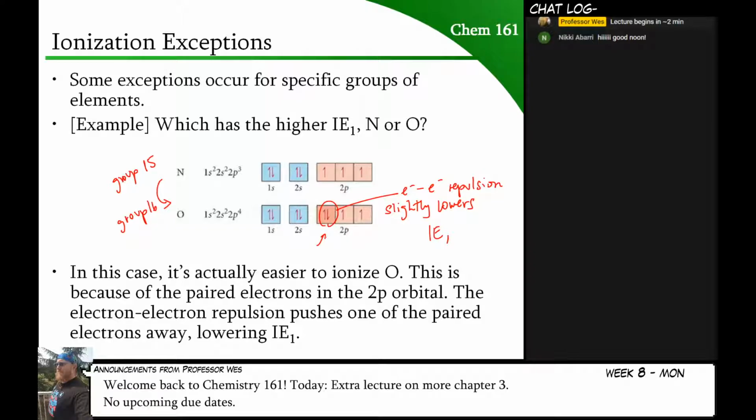I think in nearly all cases, it ends up being lower than the ionization energy of group 15. However, there might be some weird edge case where they're equivalent or really close. But this electron-electron repulsion helps push the electron away.